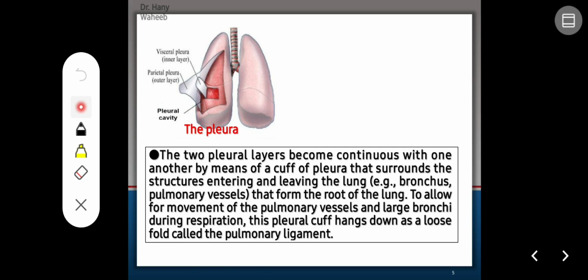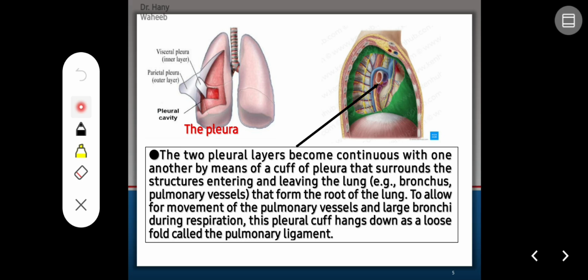The two layers of the pleura, parietal and visceral, become continuous together around the root of the lung, the structures entering and leaving the hilum of the lung. And then for a short distance below the hilum, the two layers form a fold of the pleura called the pulmonary ligament.